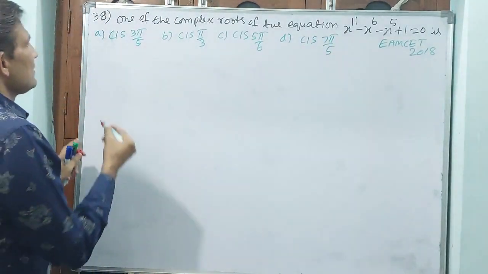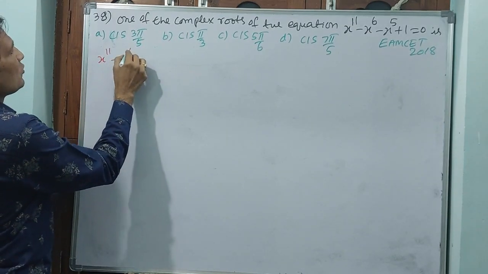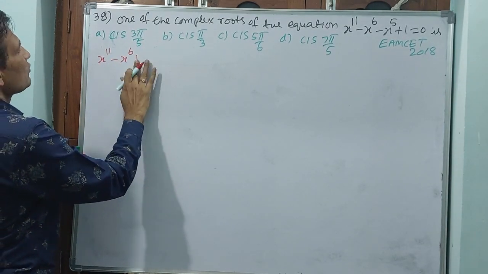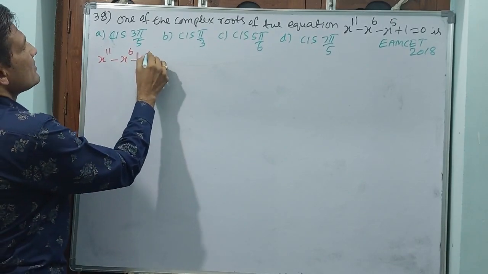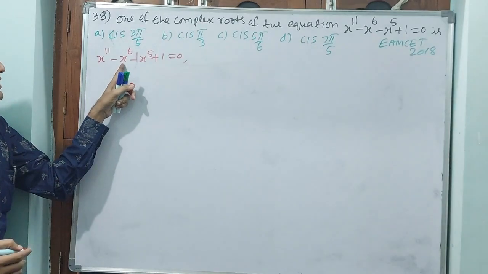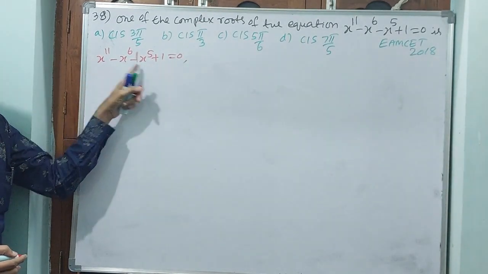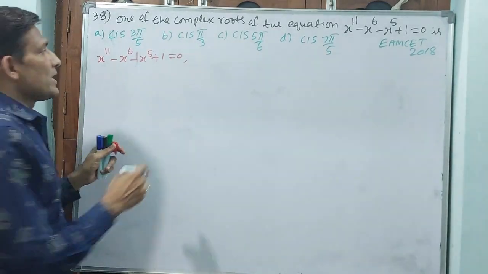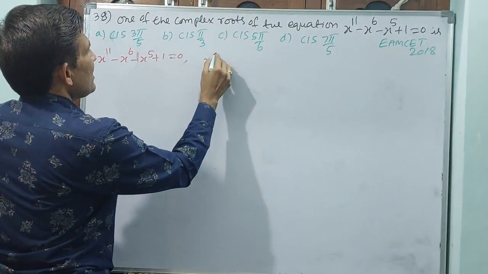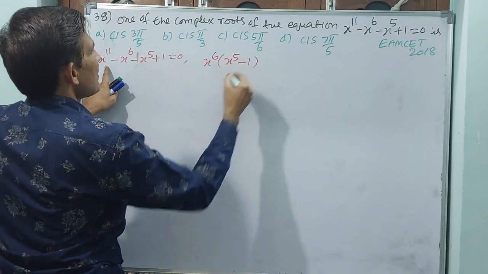First you have to tackle this equation. You see what I am writing? X to the power of 11 minus x to the power of 6 minus x to the power of 5 plus 1 equal to 0. If you observe carefully, if you take x to the power of 6 common, x to the power of 5 is going to become. That hint you should get. X to the power of 6 I have taken common, then x to the power of 5 minus 1 will be there.